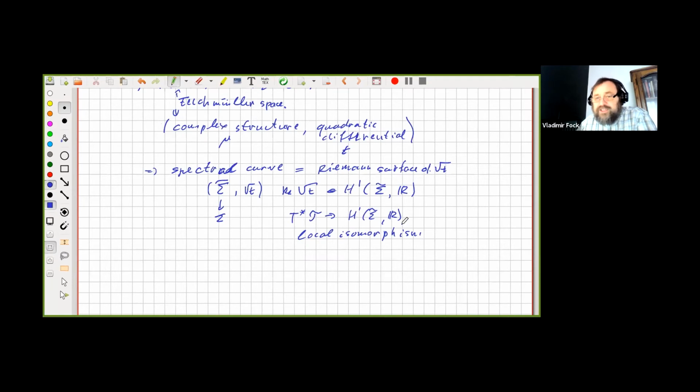You cannot, in general, identify all these coverings. If you vary your quadratic differential a little bit, then the ramification points move. Locally, if you move a little bit, you can identify the different sigma tildes as topological surfaces.